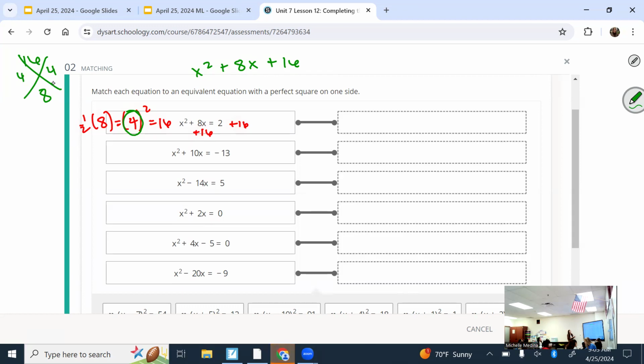That's how you know that this step went well, because it makes a perfect square trinomial on the left side of your equation. So then my left side becomes x plus 4 squared. My right side, after we added the 16, was 2 plus 16, 18.